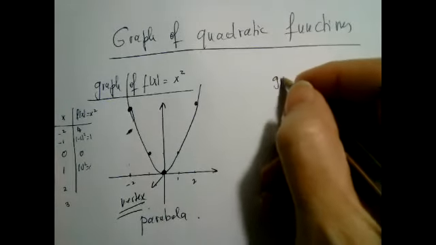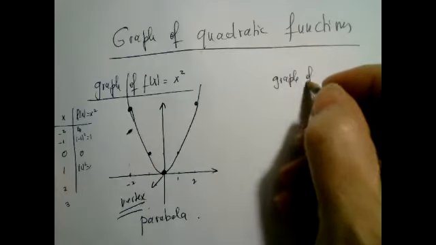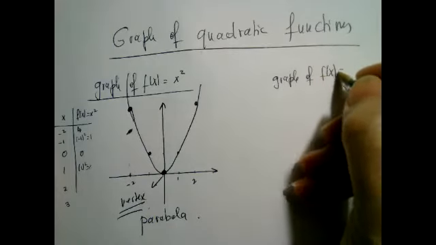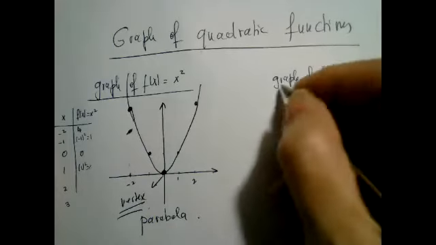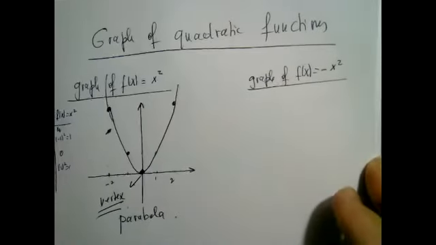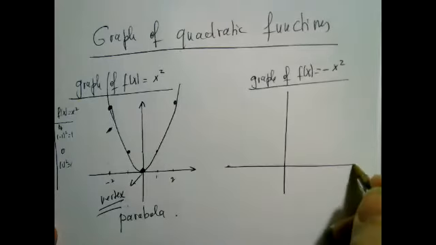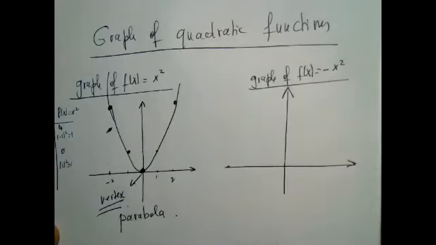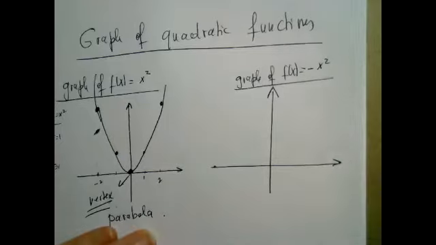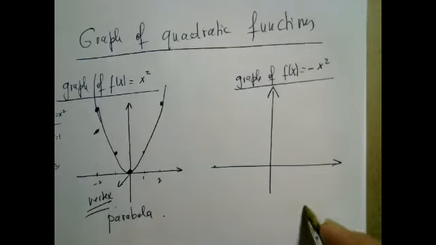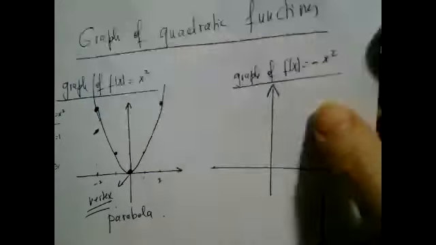Now, if I put -x squared, instead of a plus, I put minus. So the same thing, but I put a minus. How will the graph be affected this time? Again, I take values.